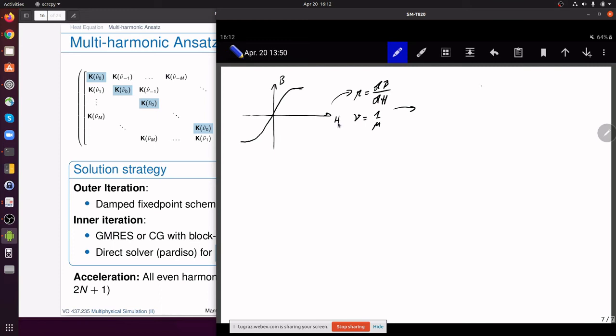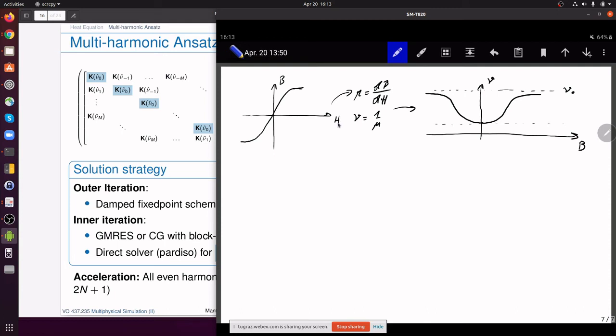So if we plot the nu over B, we have a non-zero value here. We have our vacuum reluctivity nu 0 as an upper boundary, and the reluctivity looks like this, and also in negative direction.